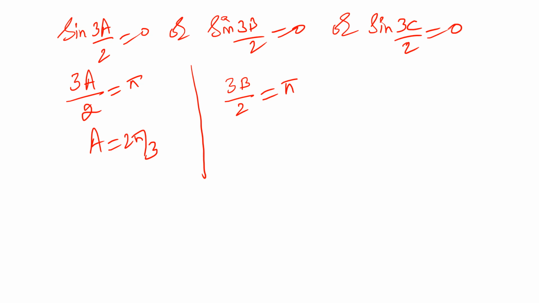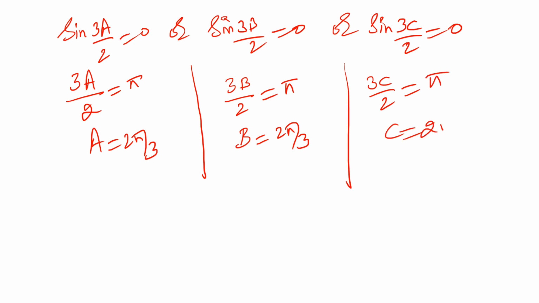Fine. So the only possible case for these values is pi. So if 3B by 2 is equal to pi, then B becomes 2 pi by 3. And from here what do we get? We get 3C by 2 equal to pi, meaning C is equal to 2 pi by 3.